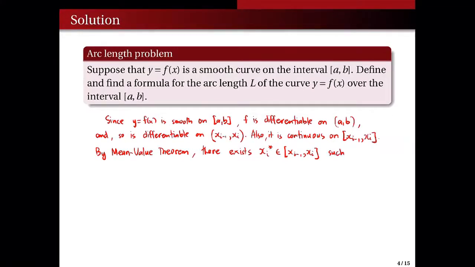Such that, what's the conclusion of the mean value theorem? This is not the mean value theorem for integrals. I'm just applying the mean value theorem, the one that you've learned from your Calculus 1.